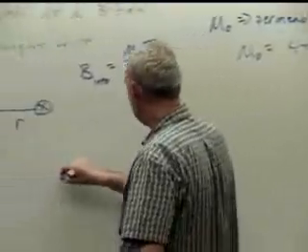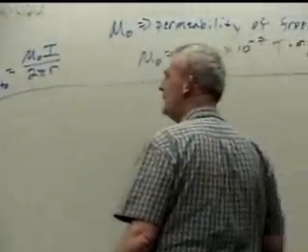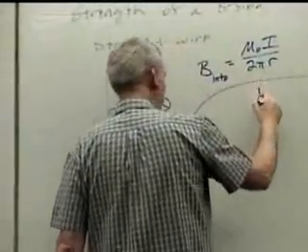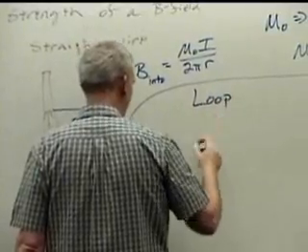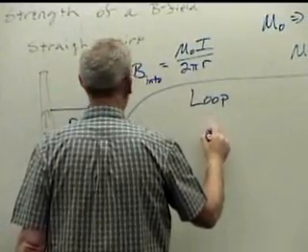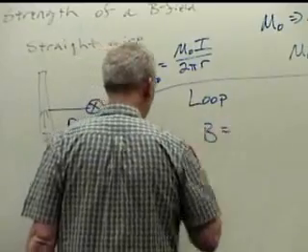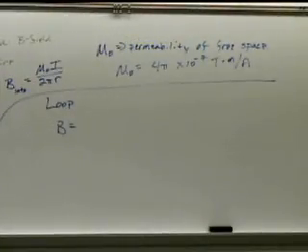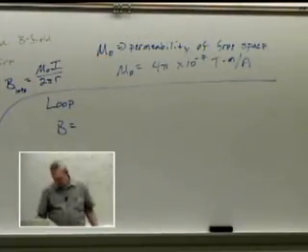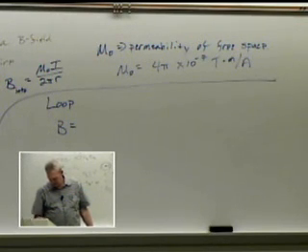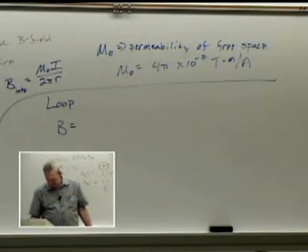And here's how, for a loop of wire, so this is for a straight wire. This is for the B field for a straight wire. Strength of the B field for a loop of wire is equal to this. B is equal to the number of turns, I'm pretty sure. There better be a number of turns, or I quit.